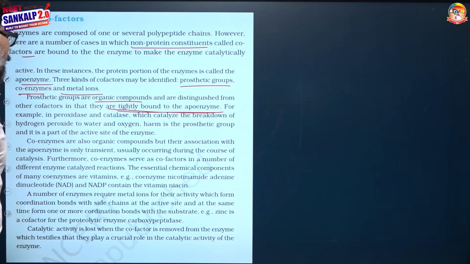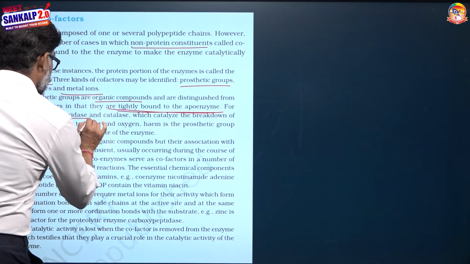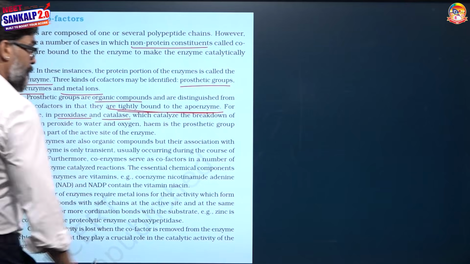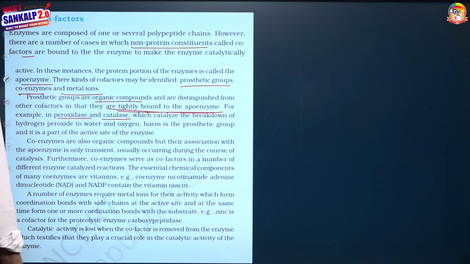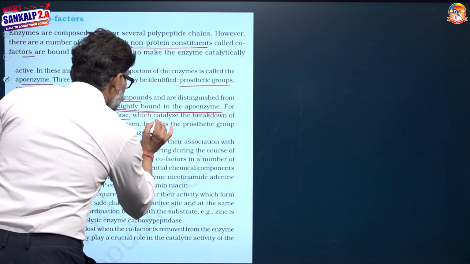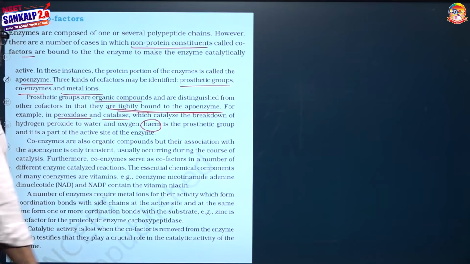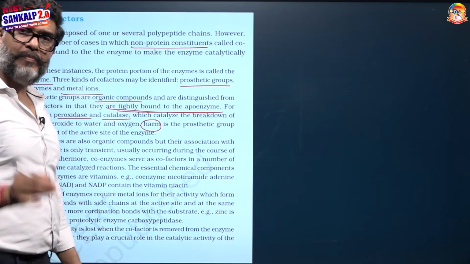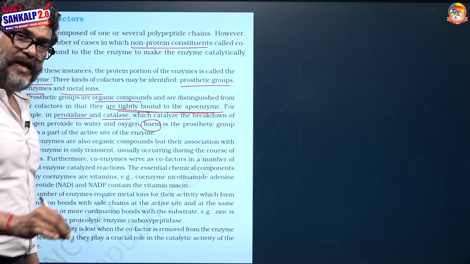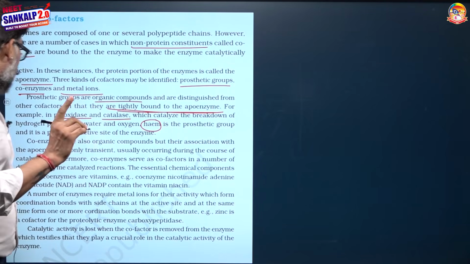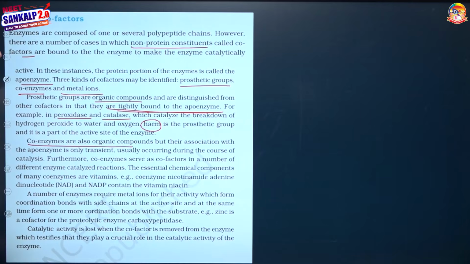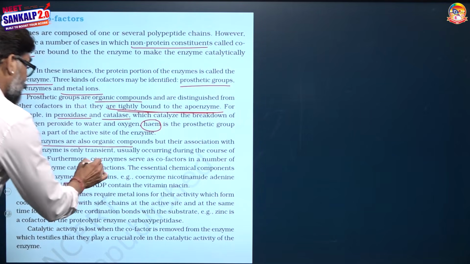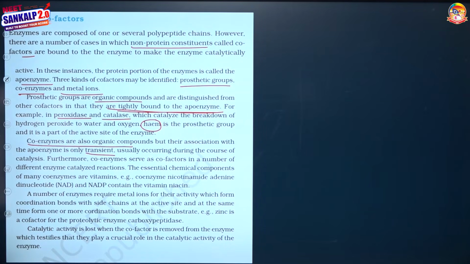Here the examples are mentioned. For the peroxidase enzyme and catalase enzyme that lead to the breakdown of hydrogen peroxide to water and oxygen, heme is the prosthetic group. In the catalase enzyme as well as in peroxidase enzyme, heme is the prosthetic group. Coenzymes are organic compounds, but their association with the apoenzyme is loose and transient.